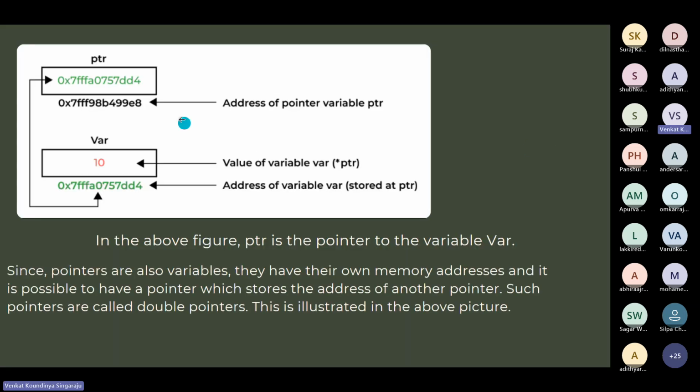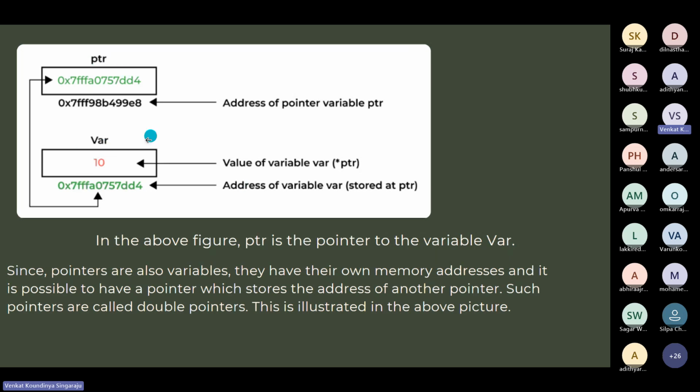So this is an illustration of how pointers work. Here var is an integer variable, and what it's storing here is 10. So the value of var is 10. This is present at a certain location in the memory, and this green colored address is the address where it is present in the memory.